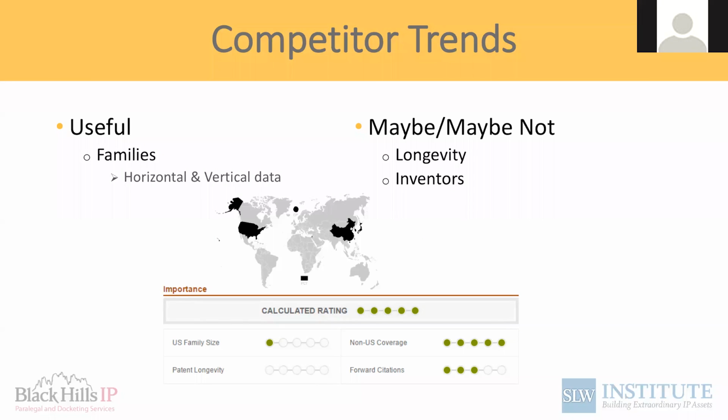So if you take a competitor's portfolio or technology landscape and sort it by family size, this is a quick way to get an idea of key technologies and then where they might have more value. So if I'm looking at a patent portfolio that's got 26 family members and I see vertical filings, so multiple filings in the US and multiple filings, say, in South Korea, that tells me something.